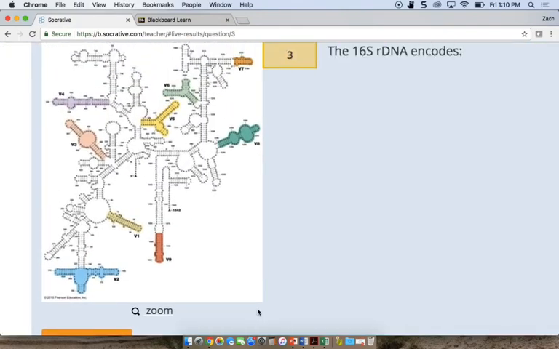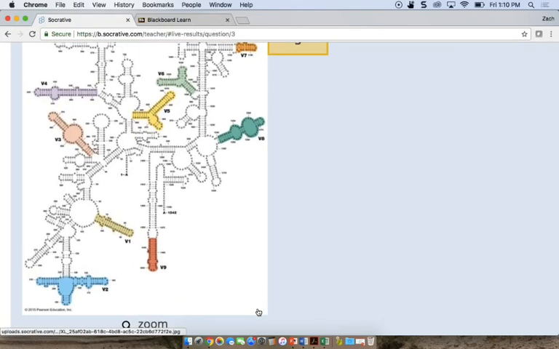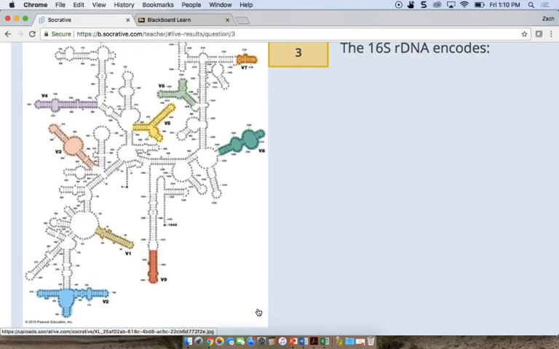And what I want to point out here are a couple of features. Anything that's not shaded is highly conserved, regardless of what species of bacteria you're talking about. The areas that are shaded are known as variable regions. Those are typically what gets sequenced. And by looking at those variable regions, we can determine, at least to the genus, sometimes to the species level, the identity of a bacteria.